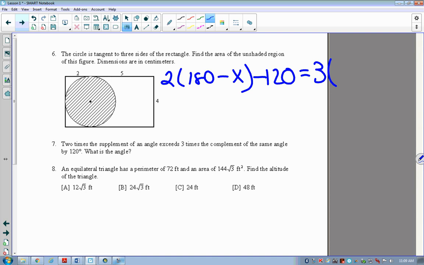Ashley? 3 times 90 minus x. I wanted to say a because that's what we used last time, but we decided to use x this time. Okay, so from there, I'm going to give you some time. I'm going to hit pause on the video, and I want to see if you guys can come up with the answer from there on those steps on your own.